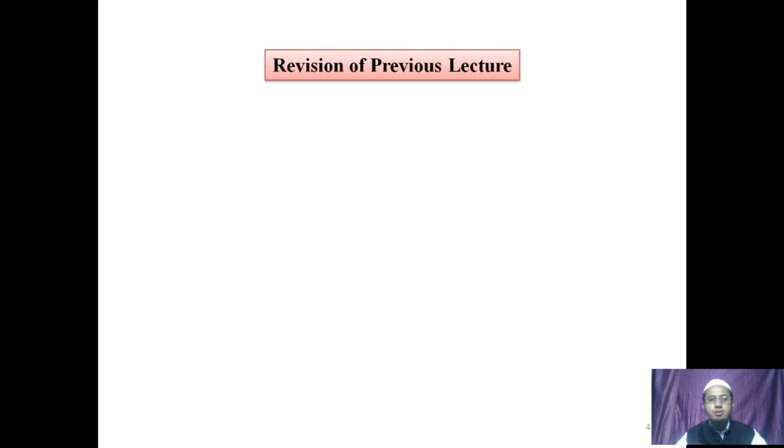So first of all, moving towards our session, let's revise the points which we covered in the previous lecture. In the previous lecture we discussed types of bolted joints, in which we discussed shear connections, that is lap joints and butt joints.